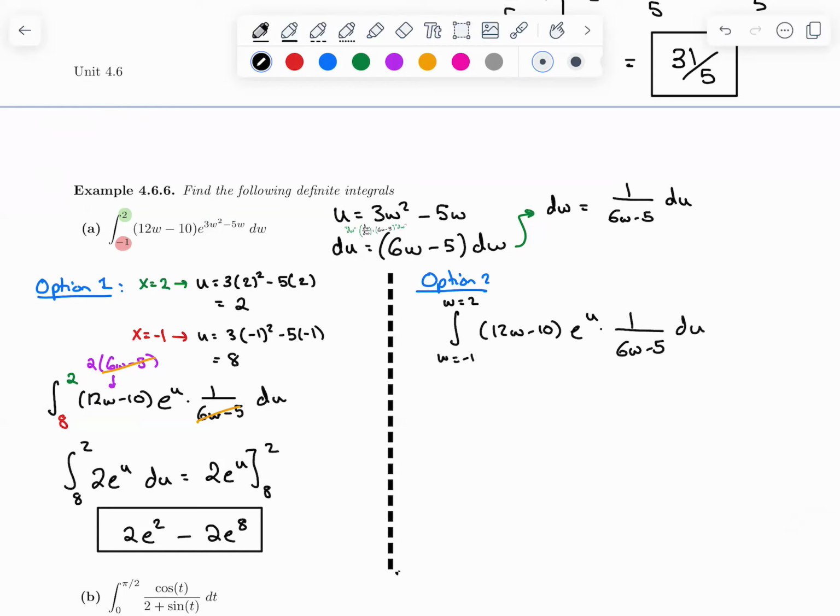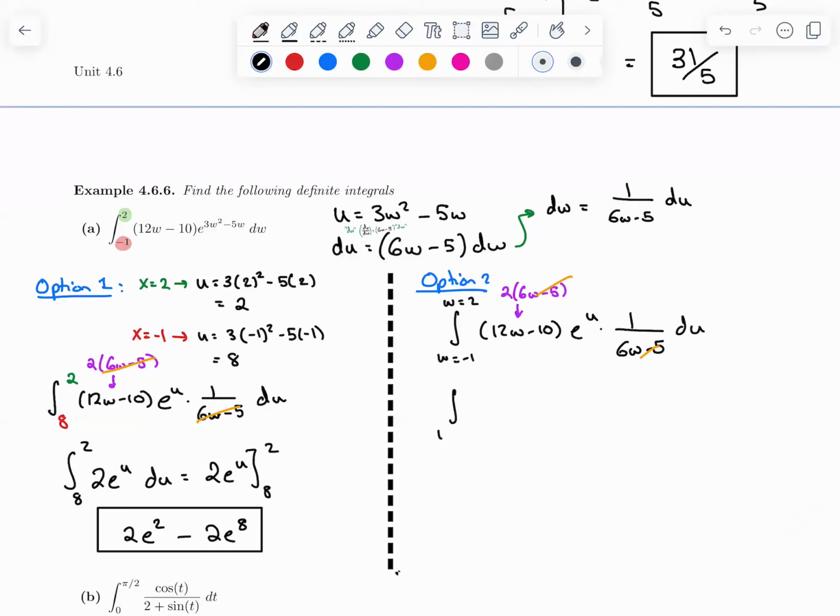And the same process does happen, because regardless of how you do it, you still have to find the antiderivative. Nice thing, once again, this is 2 times 6w minus 5. The 6w minus 5's cancel.